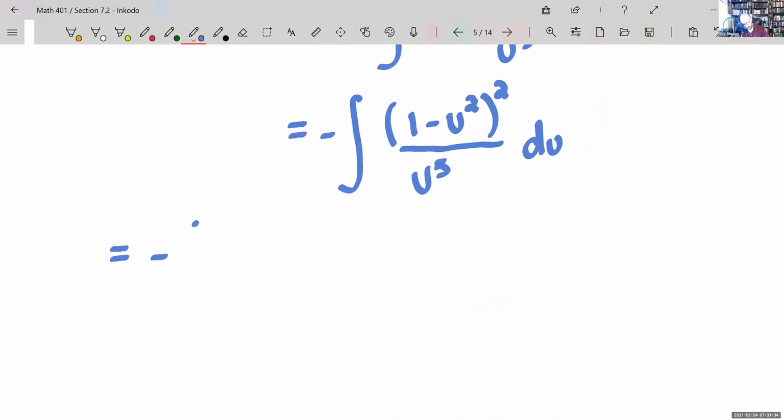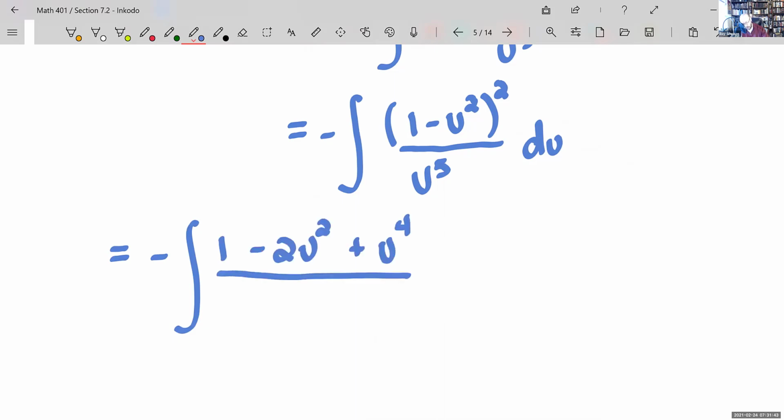If you look at the key in a book that you're working out of, and the answer key doesn't match your exact answer, that doesn't mean your answer is wrong. It just means they might have integrated a different way. They might have done a different type of substitution. So be very aware of that.